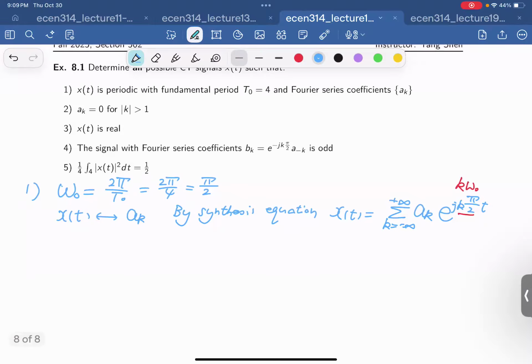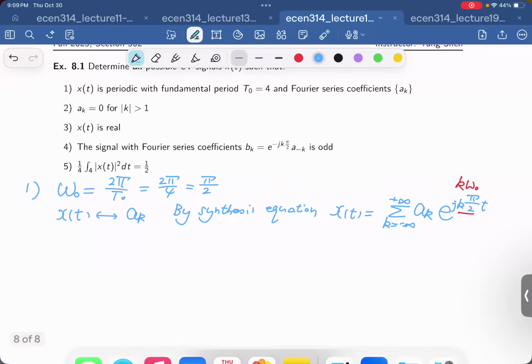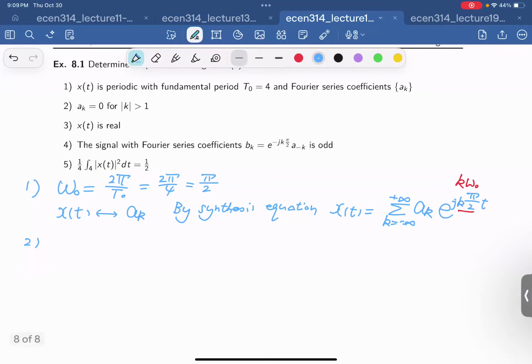Now let's move on. Second clue. Well, a sub k is equal to 0 for any k whose magnitude is above 1. Let's keep in mind that k is an integer.